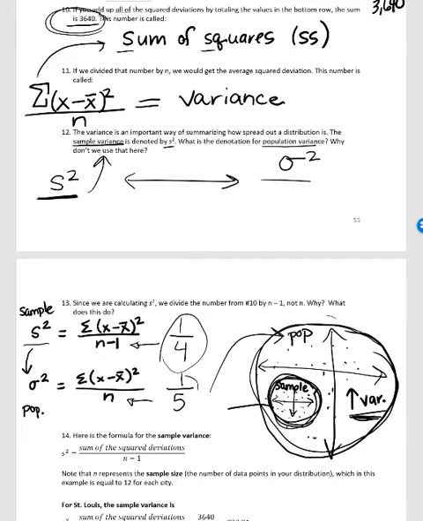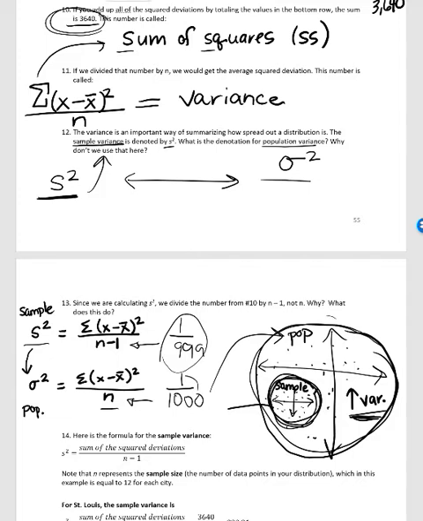Now, if we were talking about 100, and this is 99, well, now the difference between 1 over 100 and 1 over 99 is pretty small, right? And if we added another one there, that's even smaller. So the higher our n is, the less this really matters.